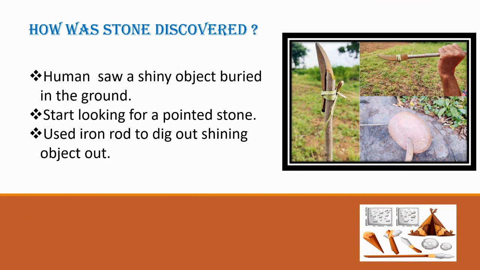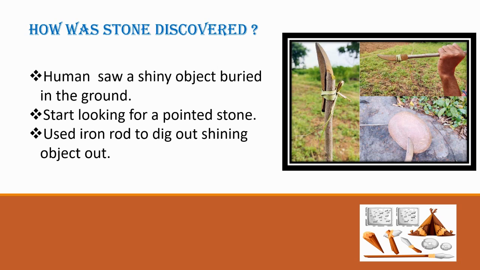So how was stone discovered? Let's learn in this slide. Student, have you seen a shiny object buried in the ground? Yes. So what would we do to take it out?